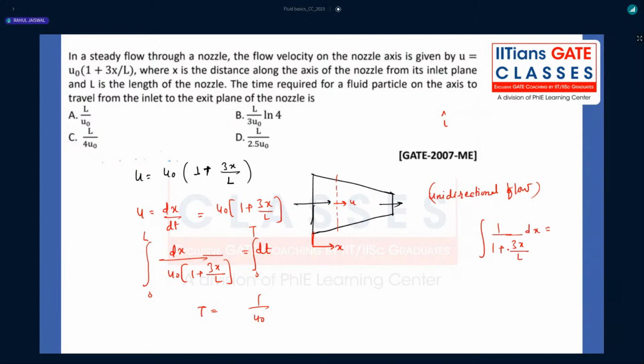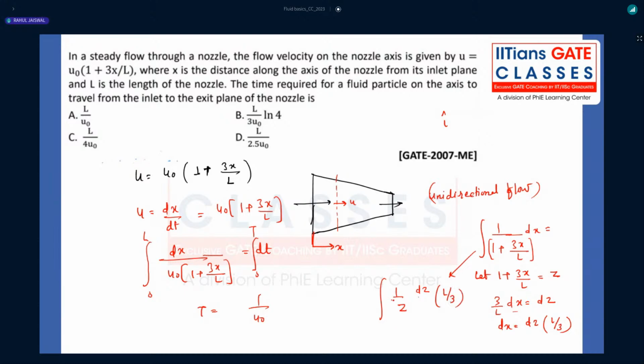You can consider this term, suppose let 1 + 3x/L be z. So 3 by L into dx is dz. Now when you replace this, 1 upon z into dx becomes dz into L by 3.